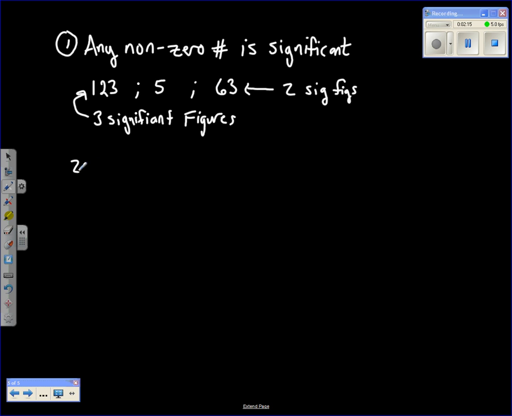The second rule governs what I like to call sandwiches. Okay, so I'm just going to label it sandwiches.